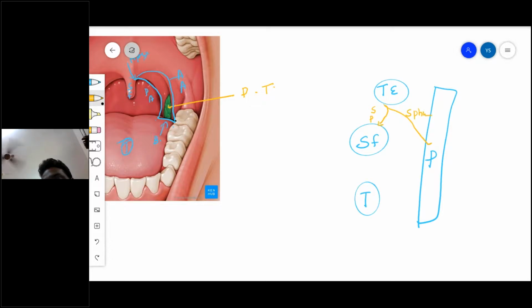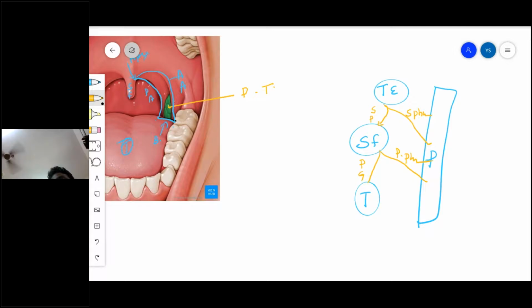Similarly, from the soft palate to the tongue, this one is called the palatoglossal fold. Same, from the soft palate going to the pharynx, we call it the palatopharyngeal fold. So in the interior of the pharynx, in total we are going to see two pairs of mucosal folds, one pair at the nasopharynx, another pair at the oropharynx.